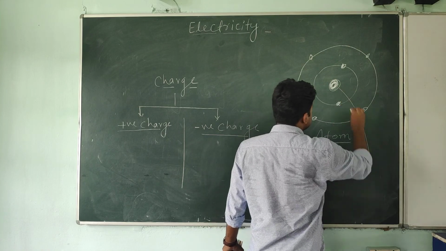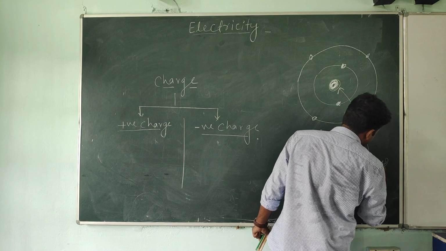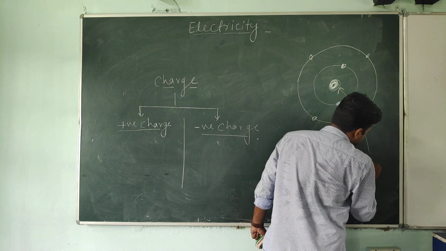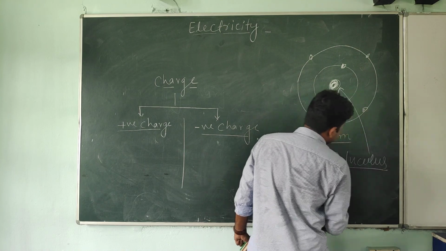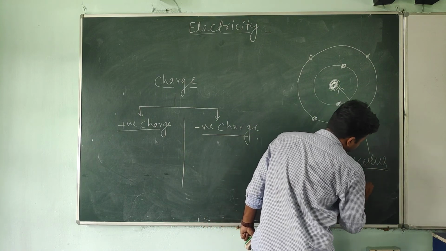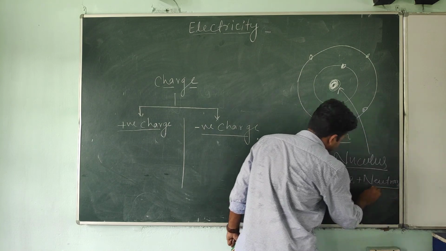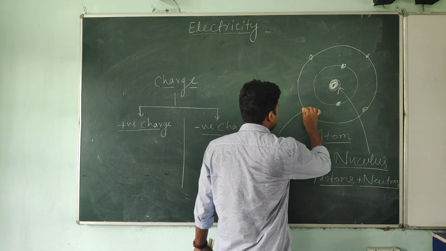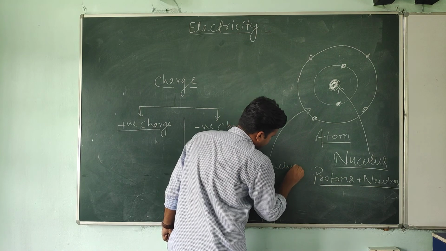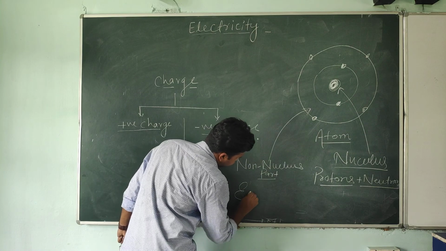So there are two parts; this part is called the nucleus, and the nucleus has protons plus neutrons, and this is the non-nucleus part, and this non-nucleus part has electrons.